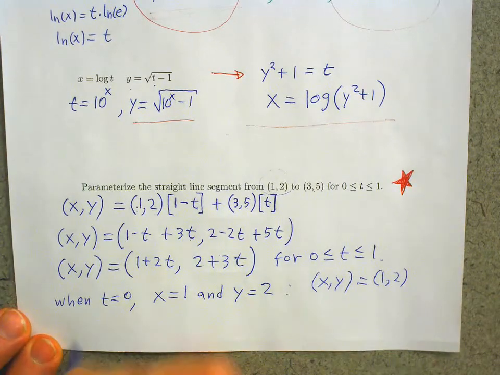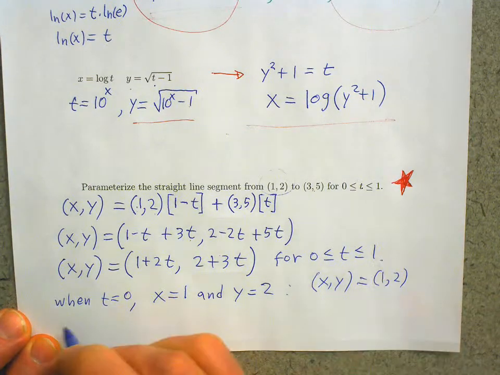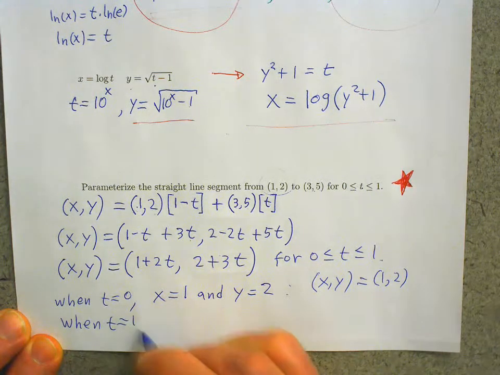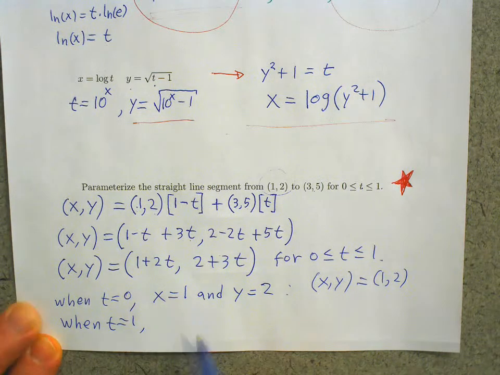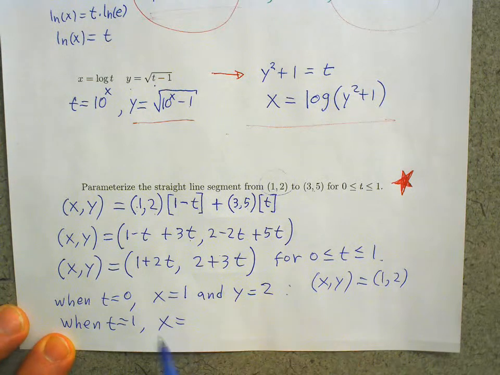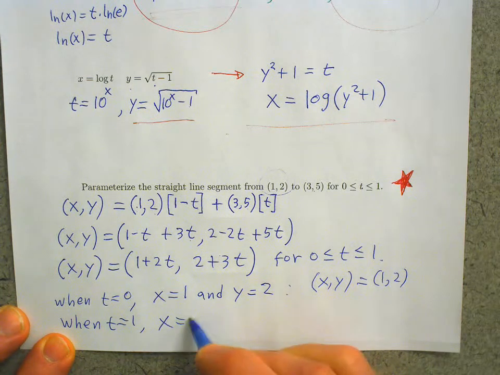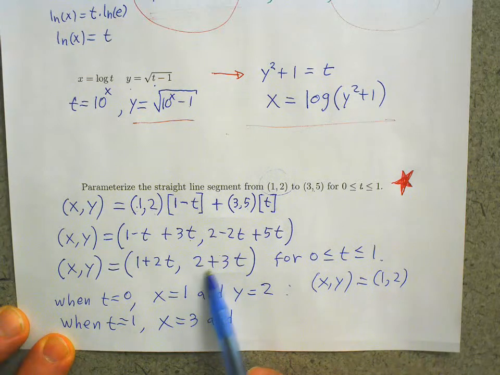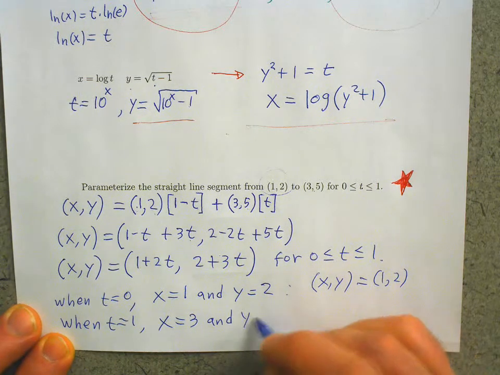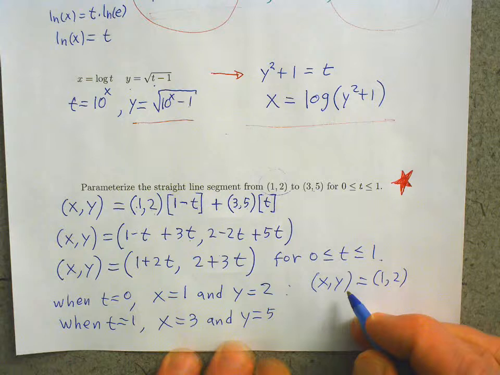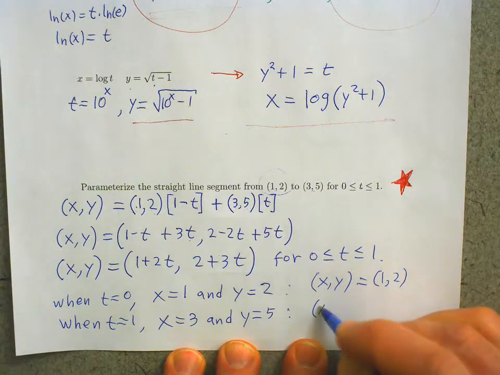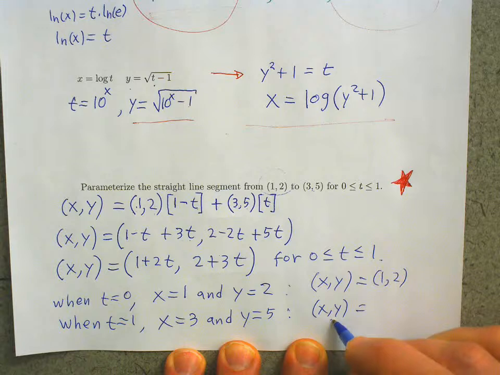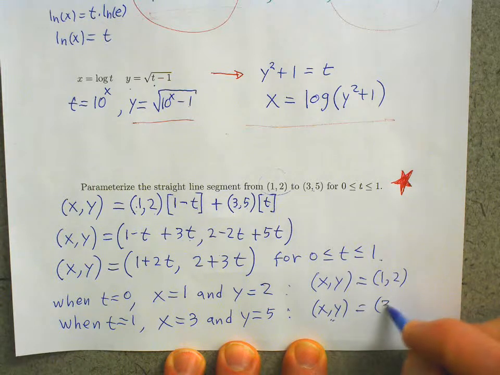And then finally, when t is 1, the x-coordinate is 1 plus 2 times 1, or 3. And the y-coordinate is 2 plus 3 times 1, or 5. And sure enough, when t is 1, the endpoint is 3, 5.